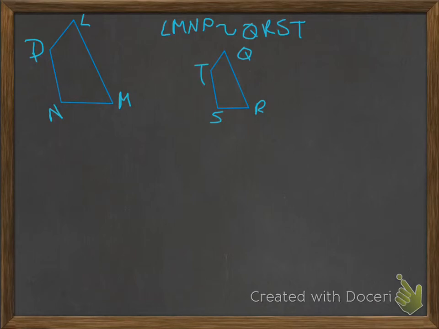And they give us 3 of these side lengths. So 45 millimeters, 25 millimeters, and then in figure QRST we've got 27. And we don't know what SR is. That's what we're going to be looking for. So we need to make sure that we set up everything with our corresponding sides.